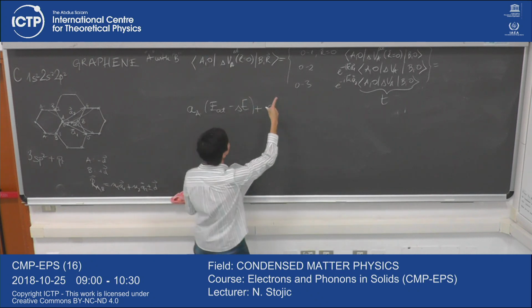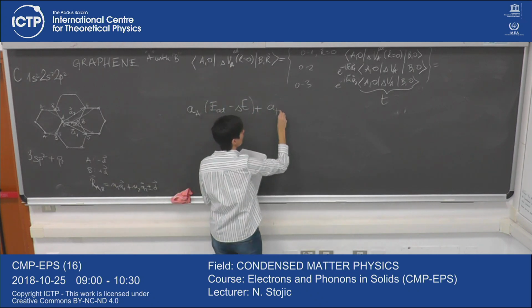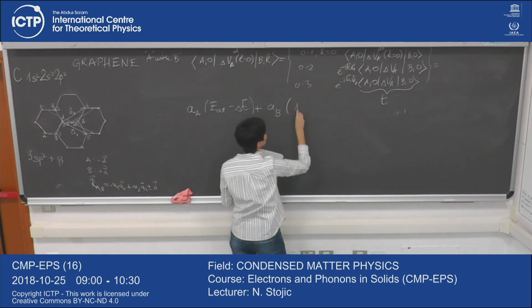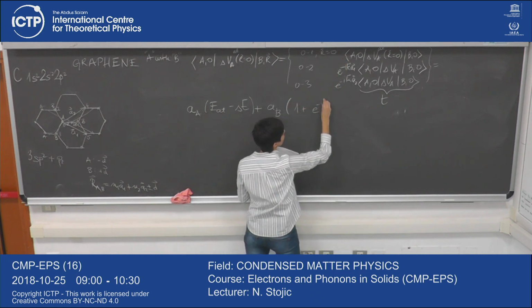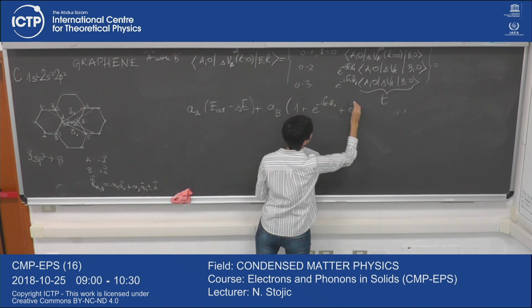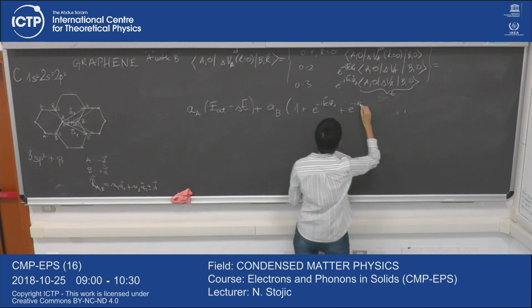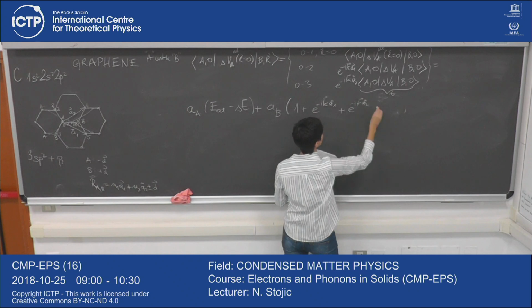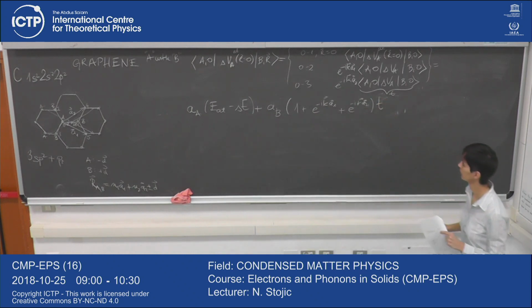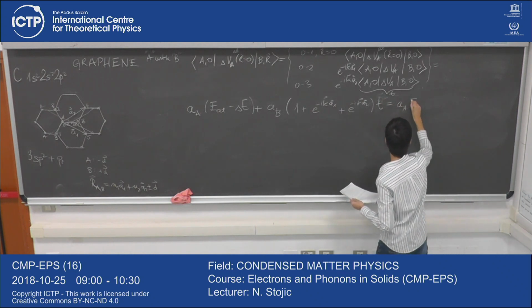This is now AB. We have, in front of this was AB. 1 plus E minus AK 1 plus E minus A2 T. And this equals A.